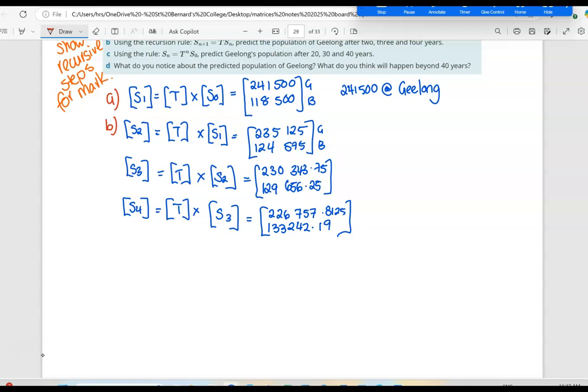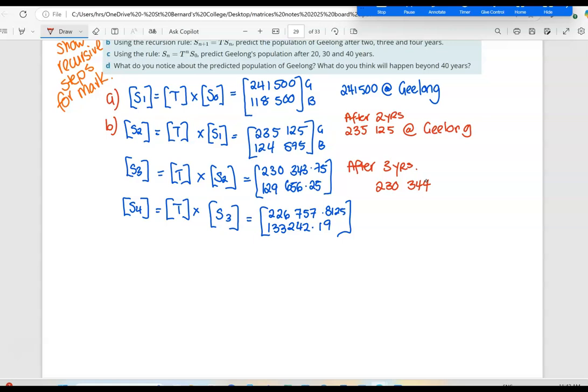Alright, so it asks us after 2, 3, and 4 years. I'm always stating the top number because that's the Geelong. So after 2 years, we had 235 at Geelong. Then after 3 years, I'm going to round to a whole number because we're talking about people, so I'll say there was 200.